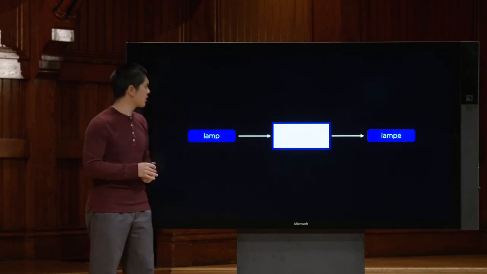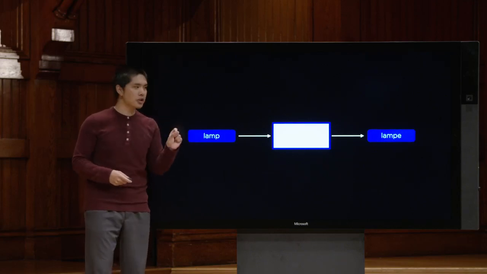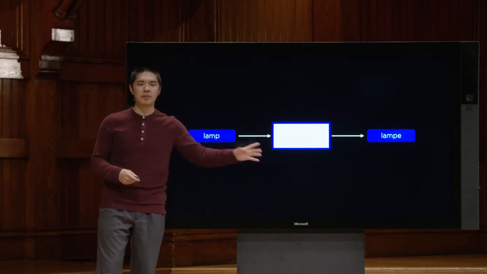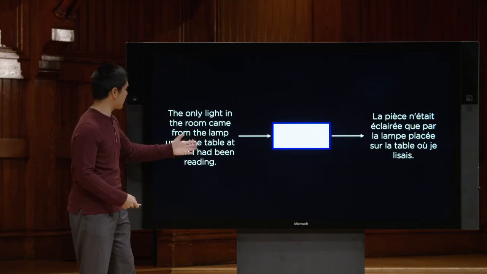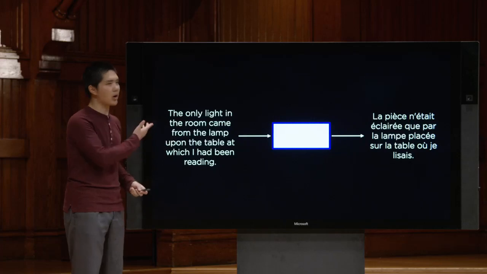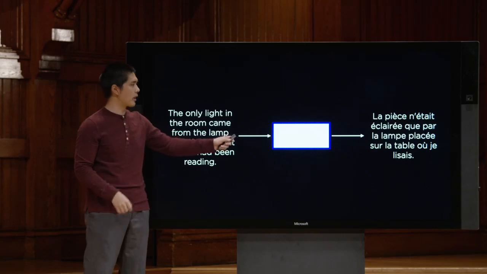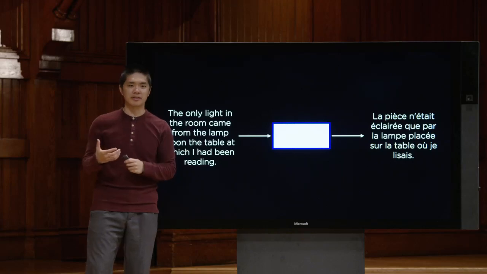But in practice, when we're translating text from one language to another, we're usually not just interested in translating a single word from one language to another, but a sequence, say a sentence or a paragraph of words. Here, for example, is another paragraph, again taken from Sherlock Holmes, written in English. And what I might want to do is take that entire sentence, pass it into the neural network, and get as output a French translation of the same sentence.